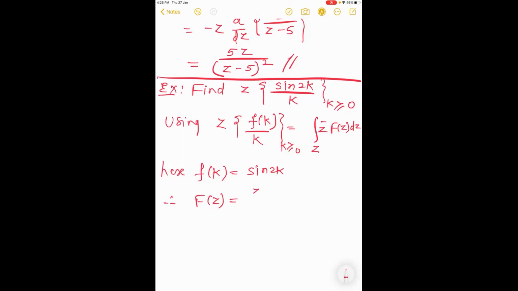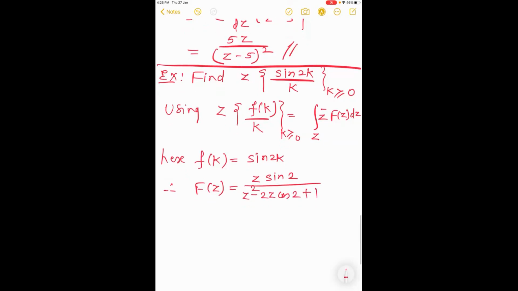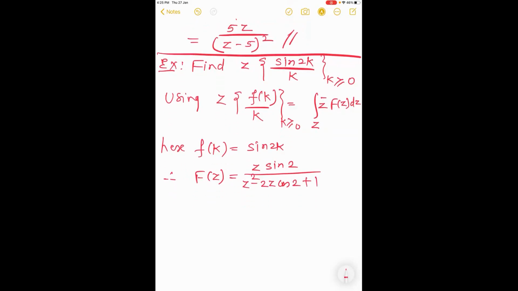Z sin 2 divided by z square minus 2z cos 2 plus 1. Correct. Very correct. So F(z) we got it. And therefore the Z transform of sin 2k upon k is nothing but the integral over z of z raised to minus 1 times F(z), which means F(z) upon z.